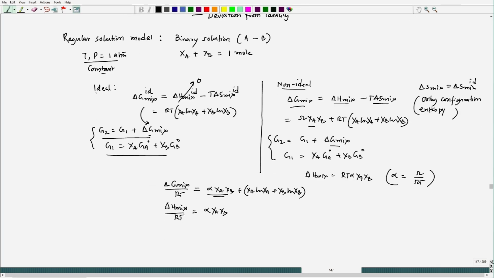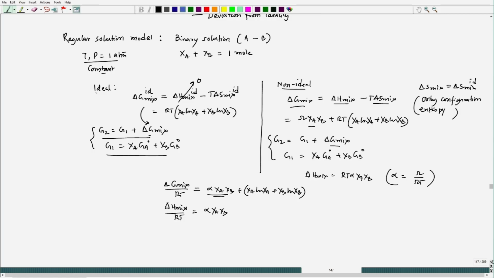And there we have seen that as we keep on increasing the alpha term, there would be a situation where the delta G mix by R T plot begins having a slope change around the mid compositions. Okay.